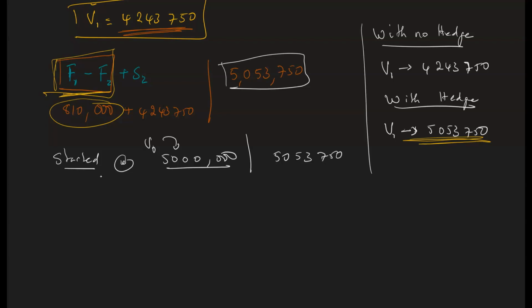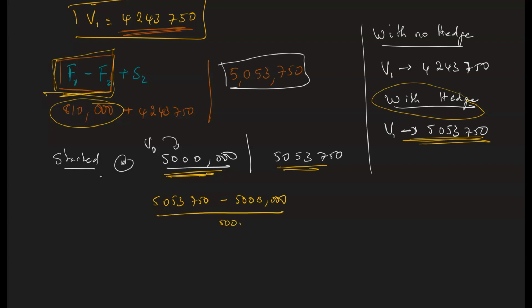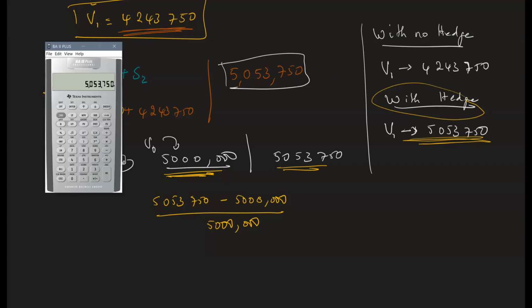So what is the return of our portfolio with the hedge? It's going to be the end value minus beginning value divided by beginning value. So it's going to be 5,053,750 minus 5 million, divided by 5 million. What does that give us?